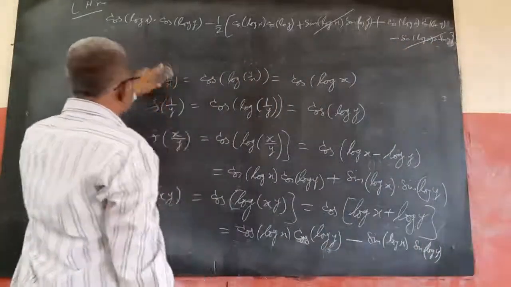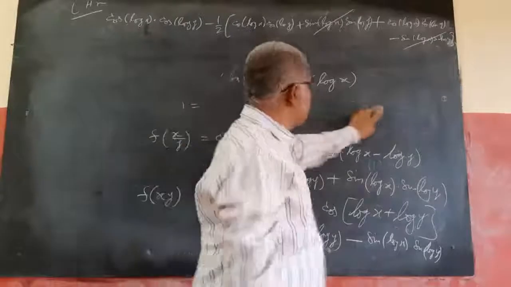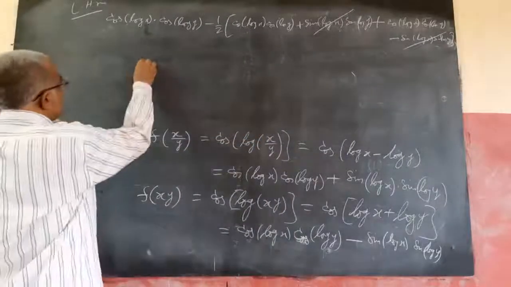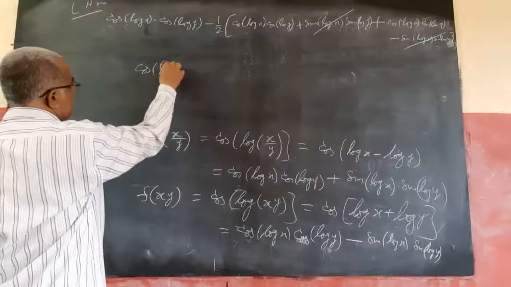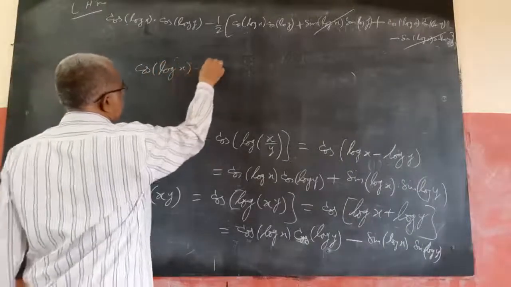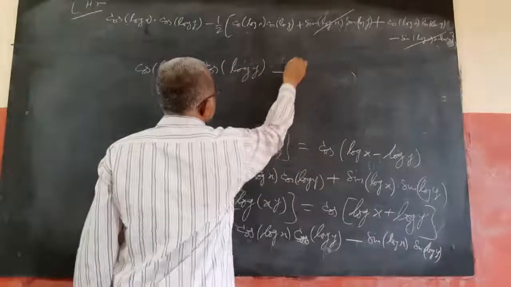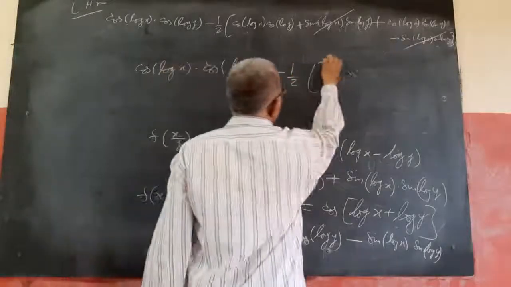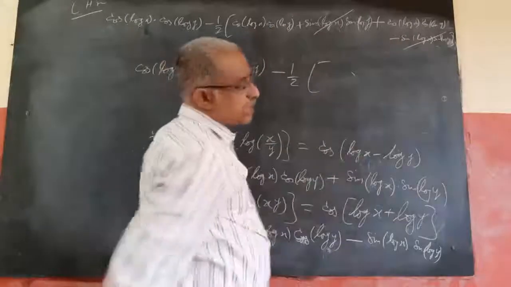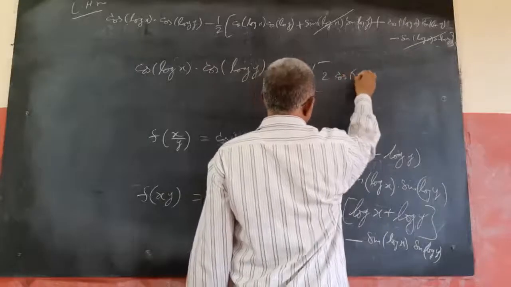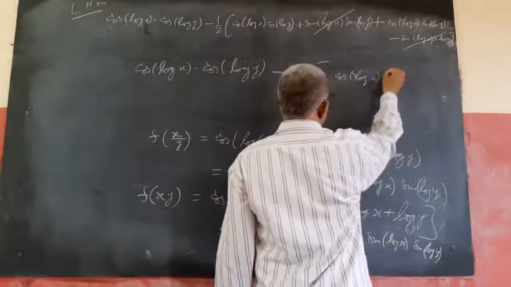Now what is left out? Cos(log x)·cos(log y) minus half into cos(log x)cos(log y) plus cos(log x)cos(log y), which is 2 cos(log x)·cos(log y).